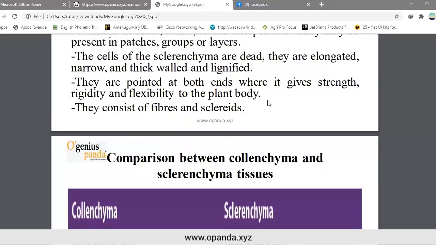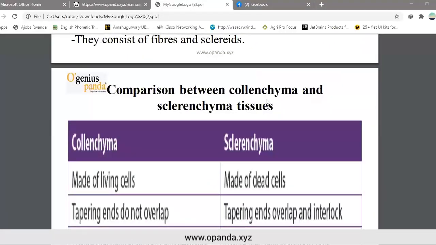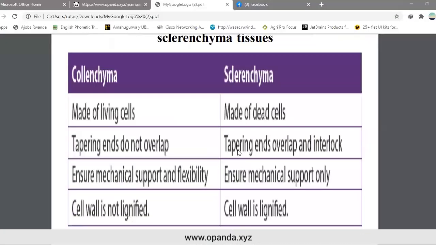Let's now compare between collenchyma and sclerenchyma. Collenchyma, I noted, is made of living cells, while sclerenchyma is made of dead cells. Collenchyma has tapering ends which do not overlap, while sclerenchyma has tapering ends which overlap and interconnect, they interlock.